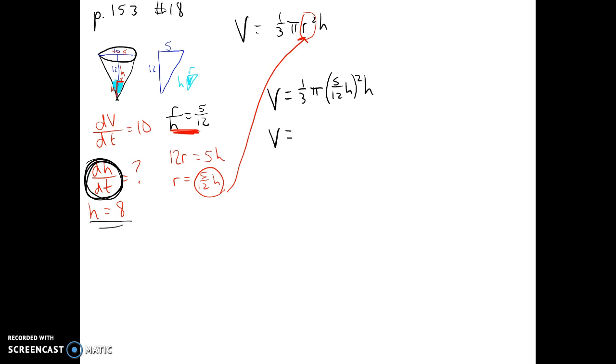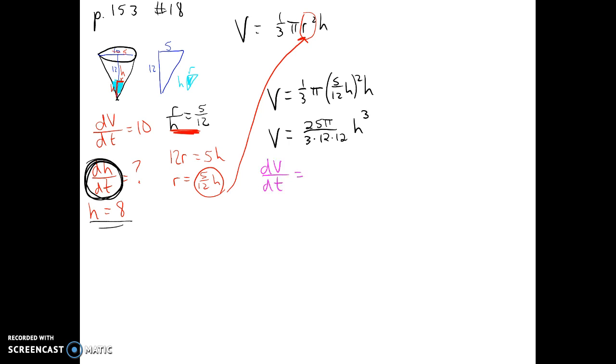And then simplifying would be 25 pi and 3 times 12 times 12 in the denominator. And I'm not going to multiply it out so that I can maybe reduce later. Now I need to take the derivative with respect to time.